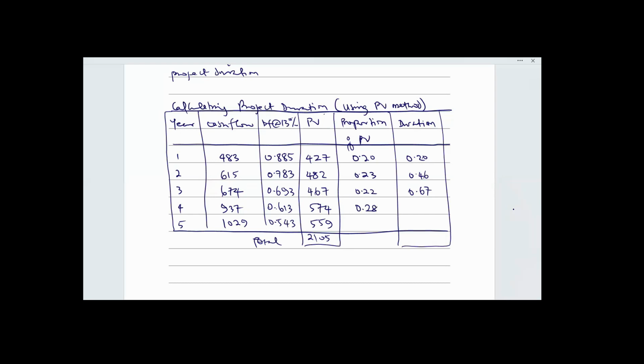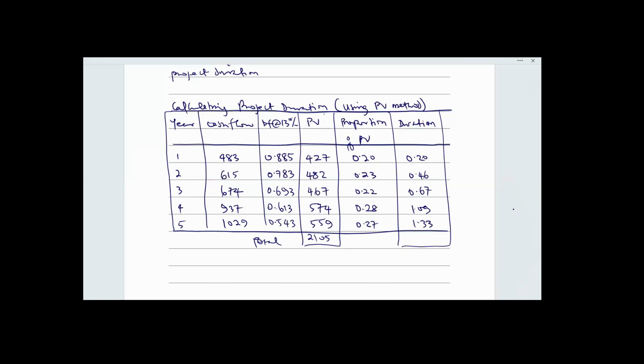What you have in your calculator multiplied by 4. 1.09. Lastly, 559 divided by 2105. 0.227. Multiplied by 5. 1.33.